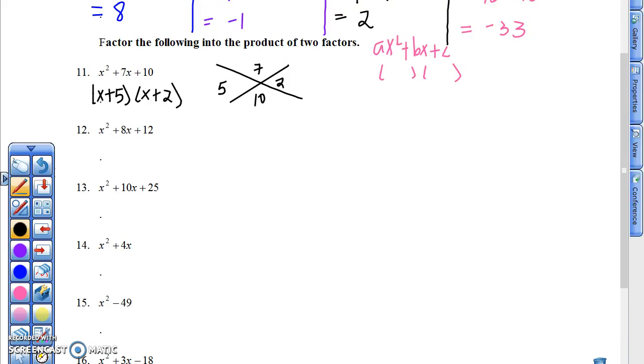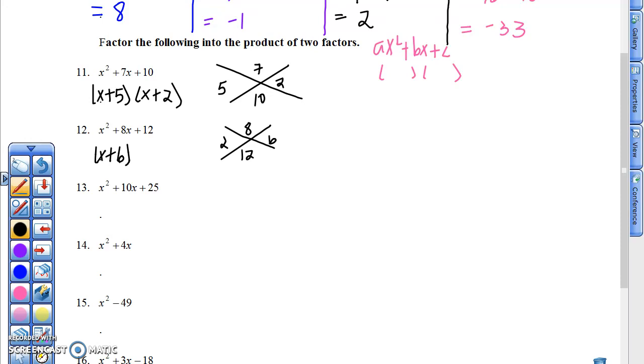Doesn't matter the order I write these in. This could be x plus 2 first, then times x plus 5. I just have to make sure they multiply to get 10. 5 times 2 equals 10. They add to get 7. So this one, factors of 12 that sum up to 8. That would be 2 and 6.